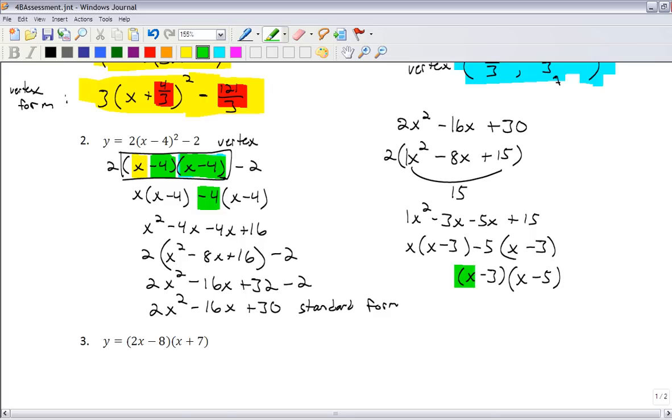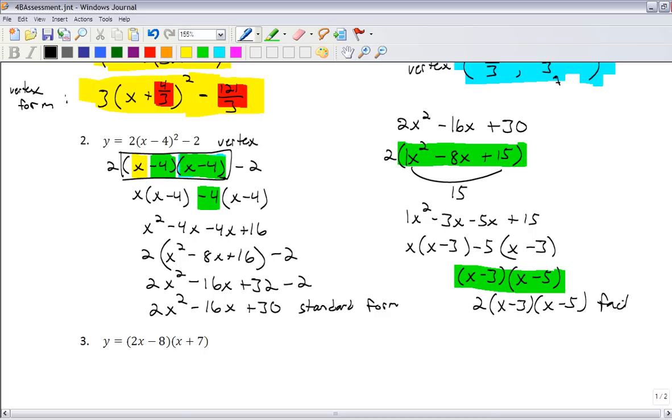So that takes the place of this. Don't forget your 2 out front. So factored form would be 2(x minus 3)(x minus 5). So you've got vertex form, standard form, and factored form. There's your vertex, there's your standard, there's your factored.